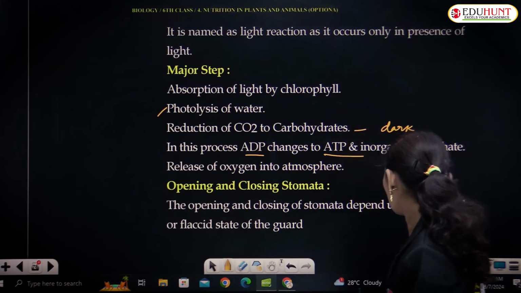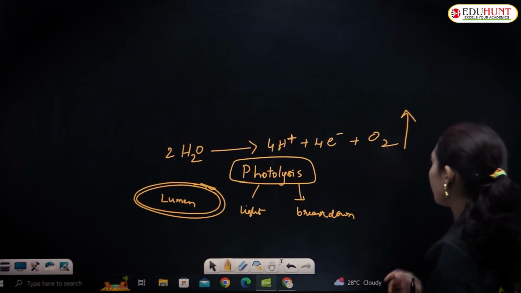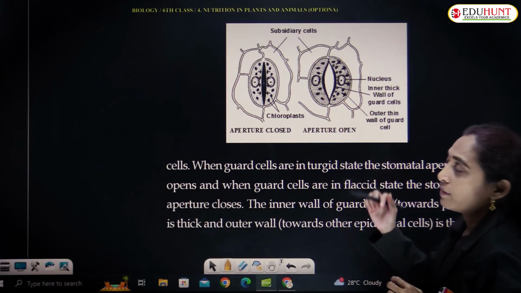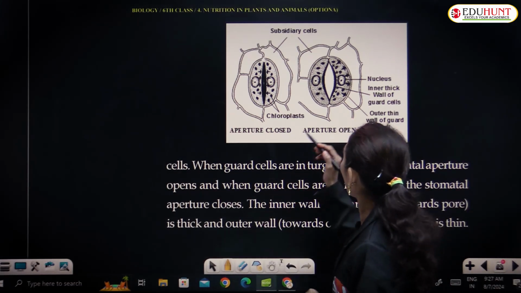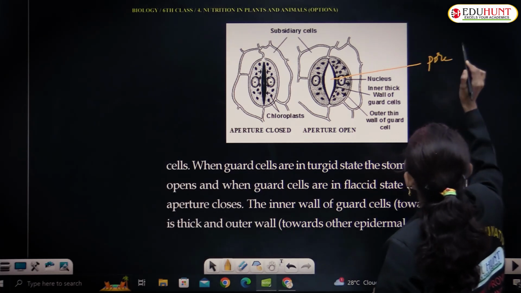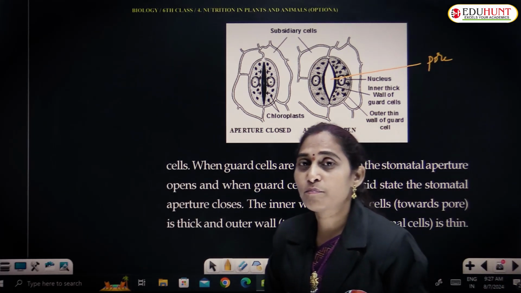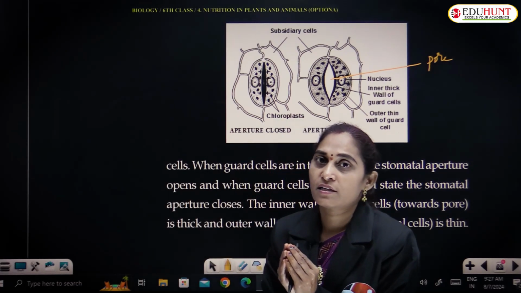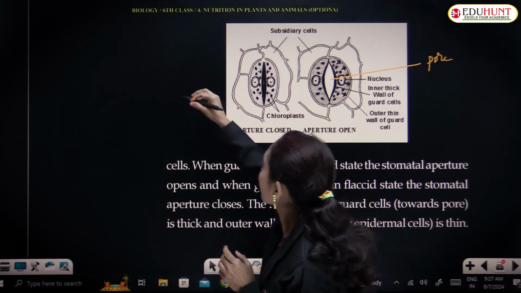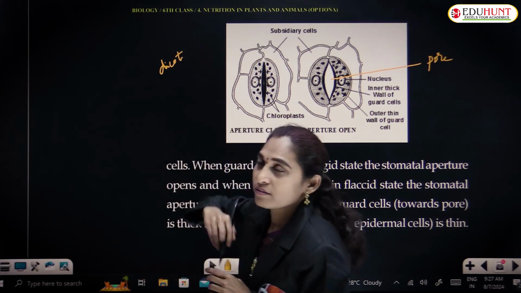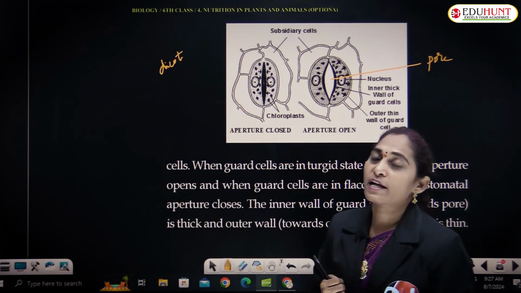If we look into the structure of stomata, the pore is called the pore. The pore is surrounded by two bean-shaped or kidney-shaped cells in dicots; this structure is confined to dicots.